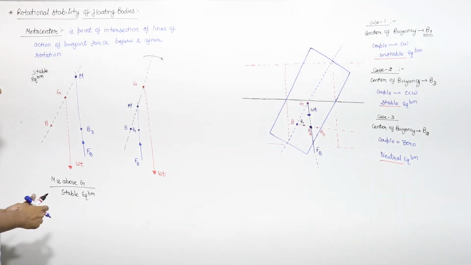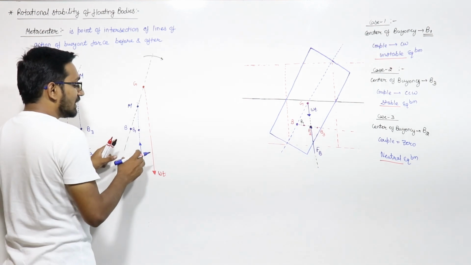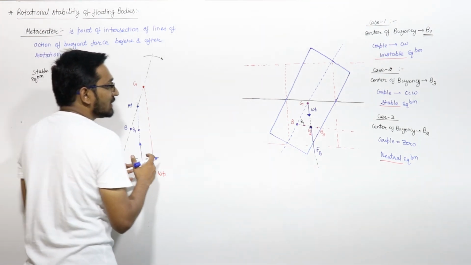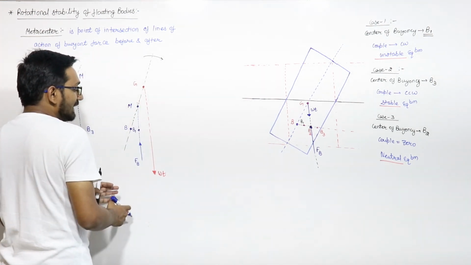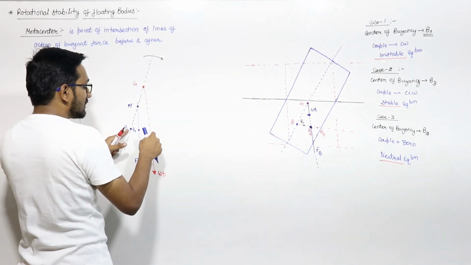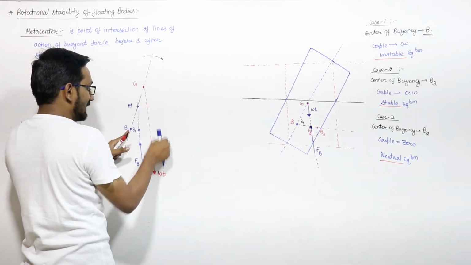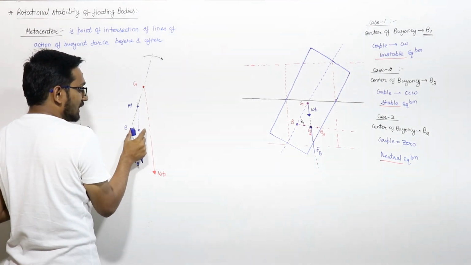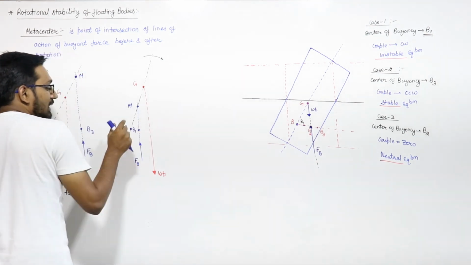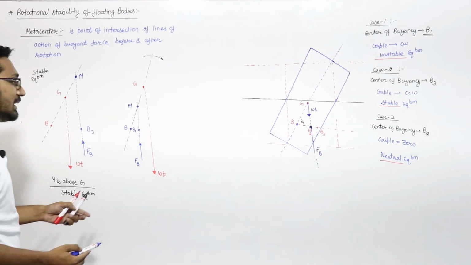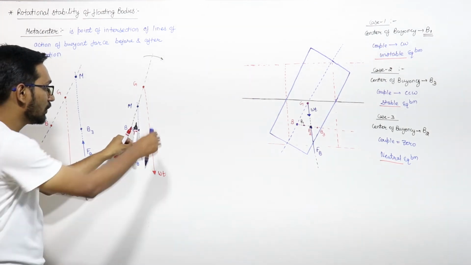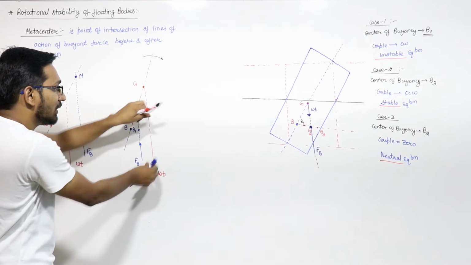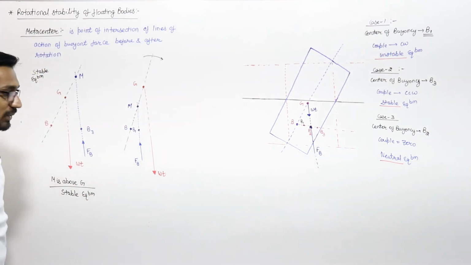You can appreciate one thing: if the center of buoyancy shifts towards the right side, and it is in between this B and this line of weight, then always you have an unstable equilibrium, because here you have an upward force, here you have a downward force, and you get a clockwise rotation.